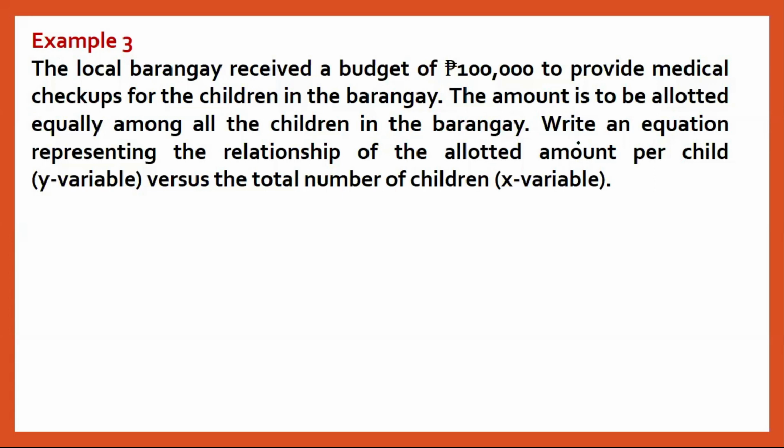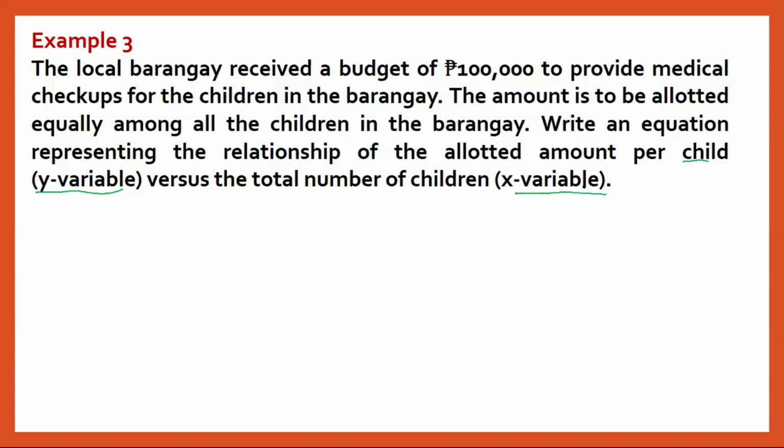Now, you are asked to write an equation representing the relationship of the allotted amount per child, or the variable y, versus the total number of children, or the variable x. What do you think now is the function? Take note of this ha. Yung 100,000 pesos, hahati-hatiin sa kung ilang bata meron ang barangay na yan.